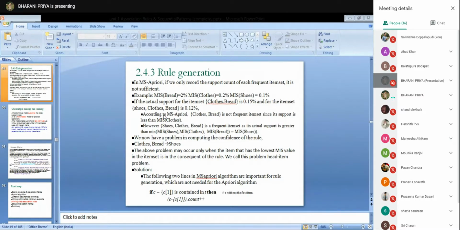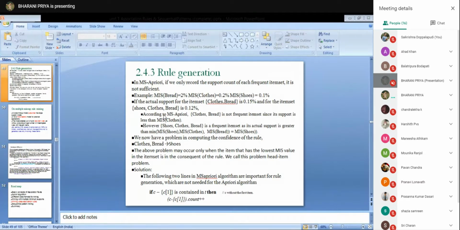When you are calculating the confidence, you require the support, and in the first scan, in the frequent item sets only, you are calculating the support. Again, for calculation of the confidence separately, you are not going to calculate the support, because already you have calculated.